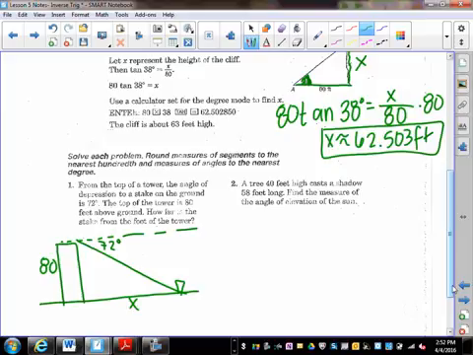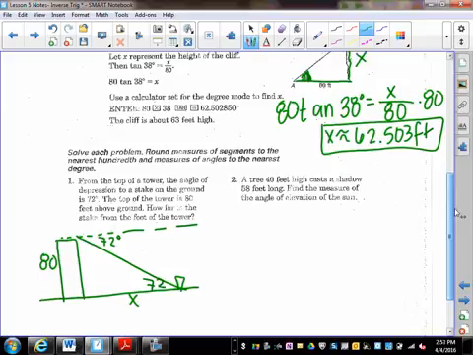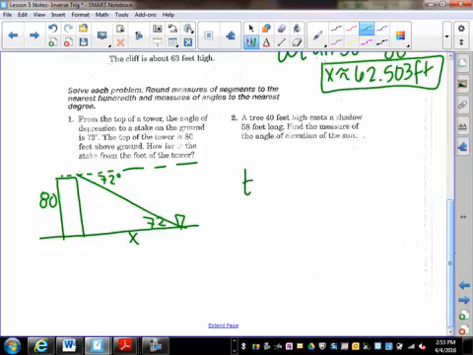So again, the tower is 80 feet tall, and we're trying to find how far away this is. Okay, well, if my angle of depression is 72 degrees, what does this measure right here? 72 degrees. All right, then you could set up again using one of your trig functions. I have my opposite side and my adjacent. So tangent of 72 degrees is equal to my opposite over adjacent.